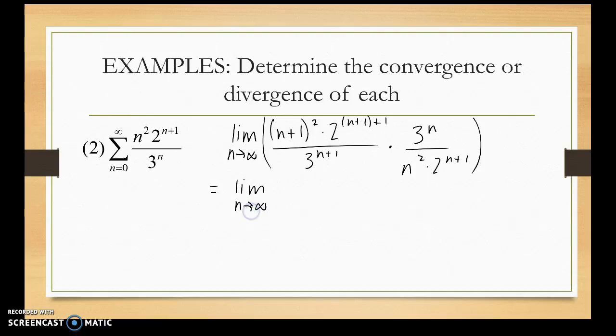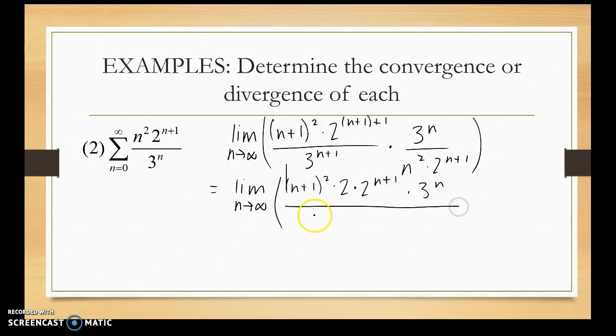As n approaches infinity, we have n plus 1 quantity squared. I see I have 2 to the n plus 1 on the bottom, so I'm going to break this term up as 2 times 2 to the n plus 1 times 3 to the n, all in the numerator. And then I have 3 times 3 to the n times n squared times 2 to the n plus 1.